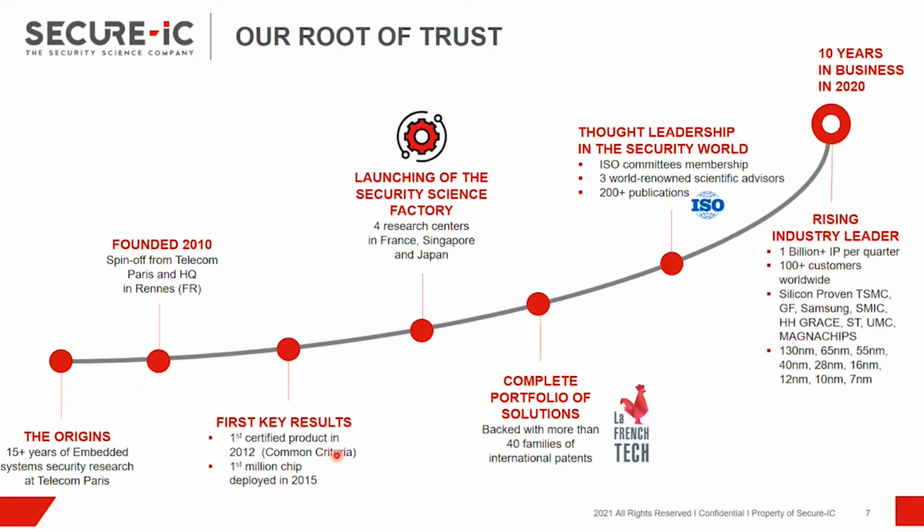We now have 4 research centers, 2 in France, 1 in Singapore, 1 in Japan, and we are seen as an industry leader thanks to the fact that we deploy more than 1 billion IPs per quarter, that we have more than 100 customers worldwide, and that our solutions are silicon proven in multiple foundries and multiple technology nodes, including the most recent ones.